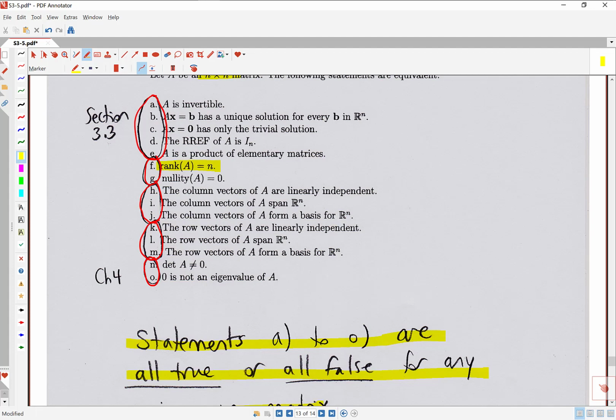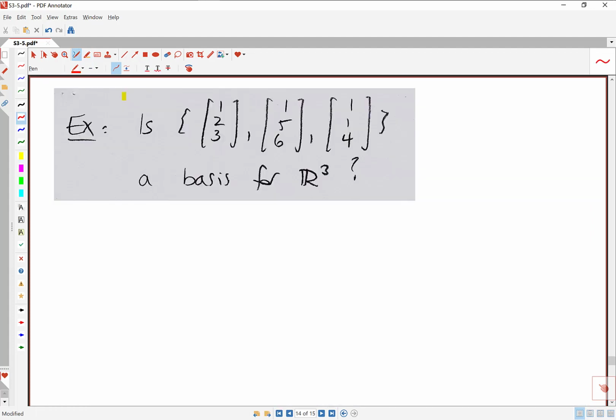So if someone gives me a square matrix, we can put that into REF quite quickly and just count the number of leading entries and quickly determine, is the rank of A n or is it not, where n is just the size of the matrix. And if it is, then you know all 15 properties are true. If it's not, then you know all 15 properties are false. So just by checking the rank of a matrix, you're actually getting a huge amount of information about that matrix.